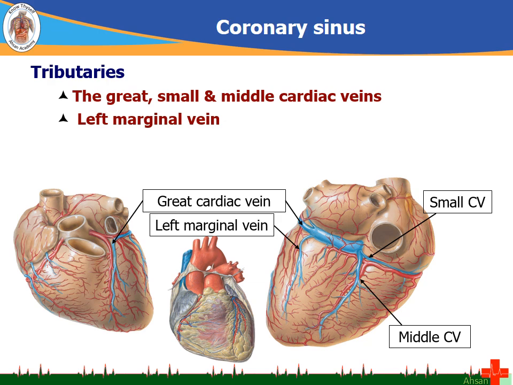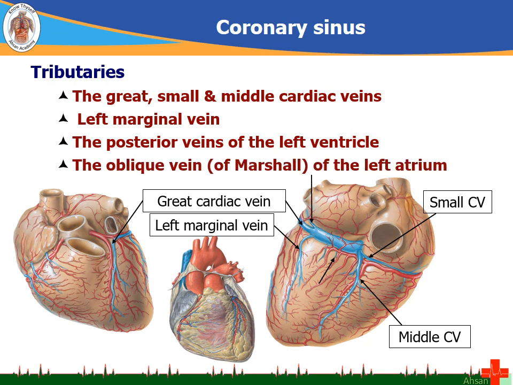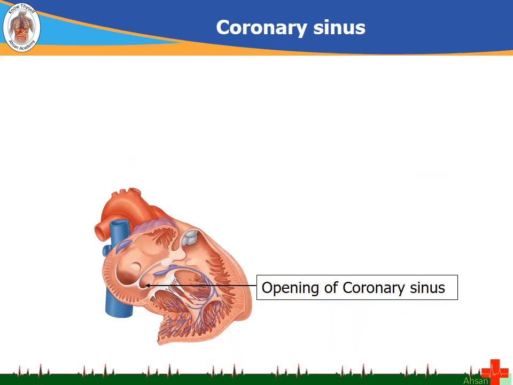Then it receives other branches. In the inferior surface there are some posterior veins of the left ventricle, which directly open into the coronary sinus. Also another vein, this is the oblique vein of the left atrium, opens just after the origin of the coronary sinus. This coronary sinus directly opens into the right atrium.